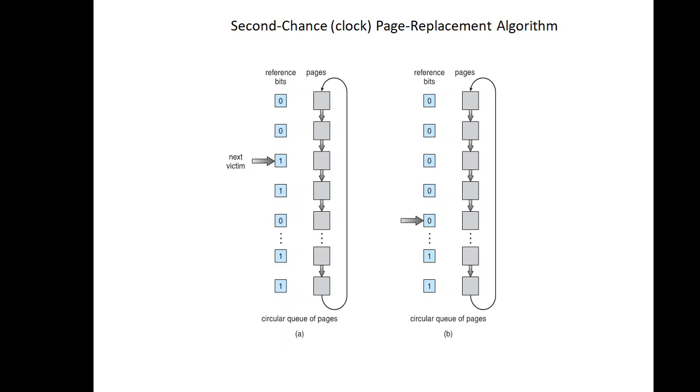Here we have a circular queue of pages. The first page has its bit set to 1, so we leave it, giving it a second chance. It moves to the next, which is also given a second chance, and then reaches a page with 0. As it moves, it clears the bits and sets them to 0. This keeps repeating until a particular page is selected for replacement.